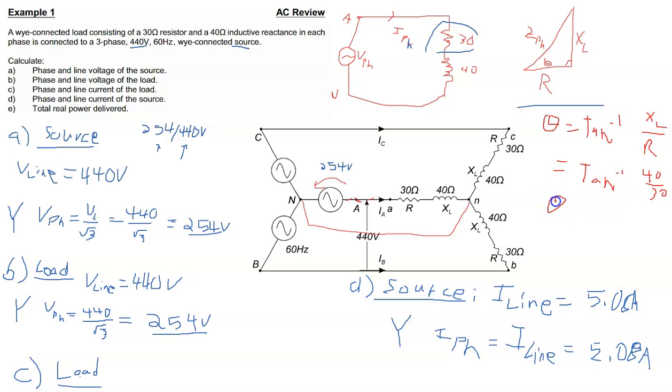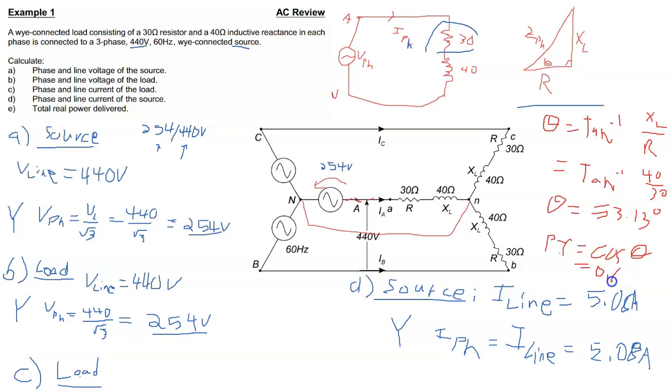And if you work that out, theta comes out to be 53.13 degrees. And you can see this is a bit more work. Now, power factor is cos theta, and the cosine of 53.13 degrees gives you 0.6.